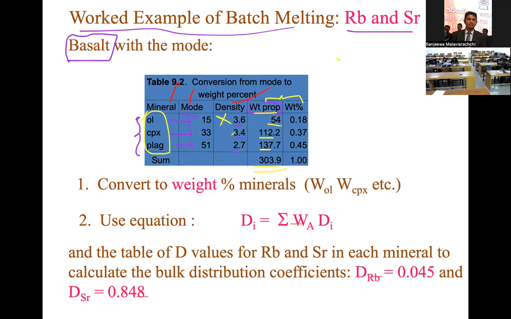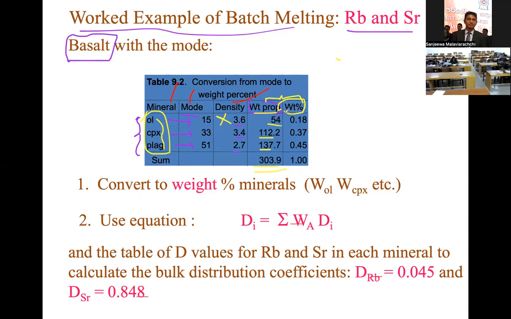If you are doing this manually, you have to find out the modal percentage, the density, then the weight proportion, and then you get the weight percentage. In a mineral composition calculation by the machine, the electron probe gives you this final answer without anything else. You don't need to know anything other than your mineral names. You don't need modes, you don't need densities. Everything is calculated in its internal way.